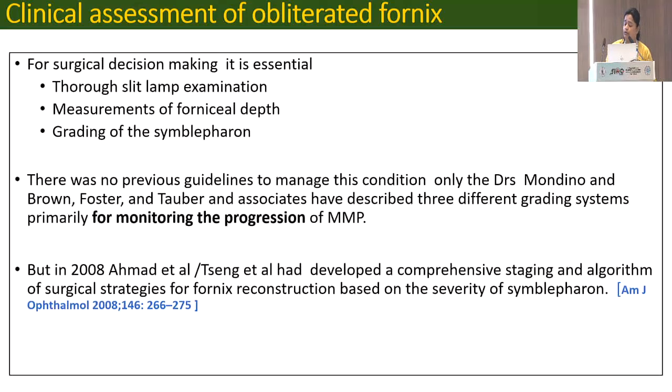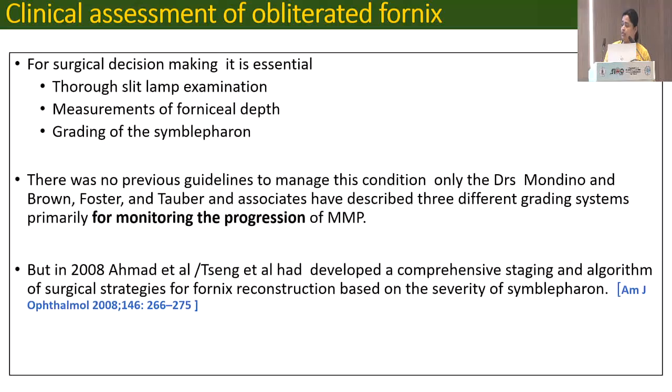So to manage this condition, first we have to do the clinical assessment. Surgical decision making is very essential. For that, we have to do a thorough slit lamp examination, measurement of the fornicial depth, and grading of symblepharon. Previously, there was no guideline to manage this condition. Only Dr. Mondino and Brown Foster described 3 different grading systems, which are primarily for the progression of MMP, mucous membrane pemphigoid.